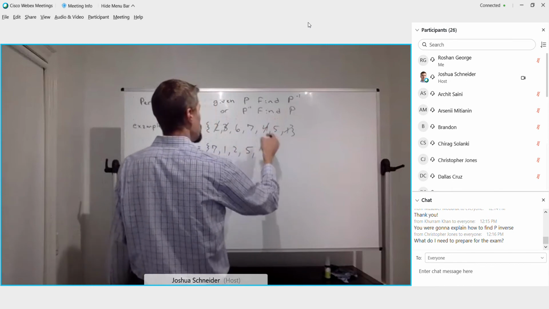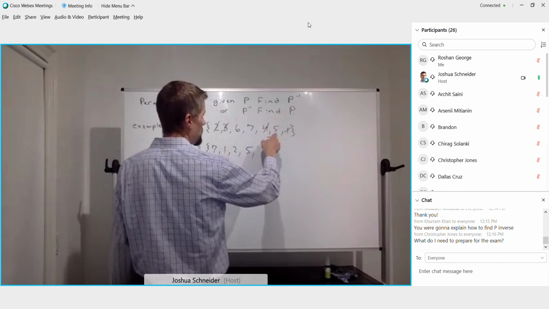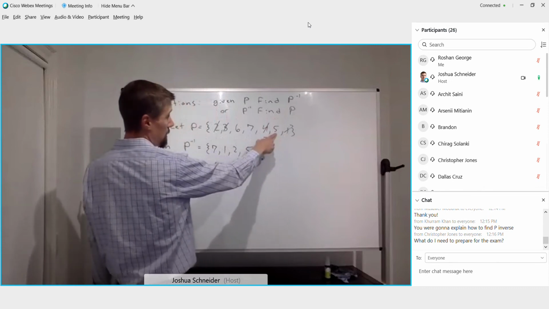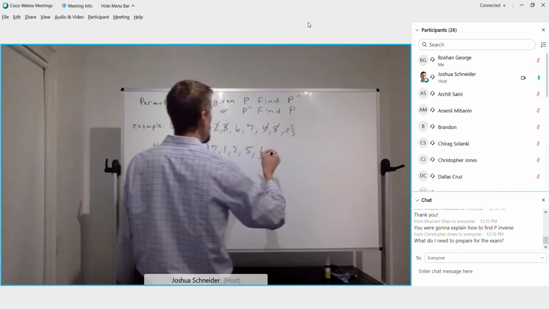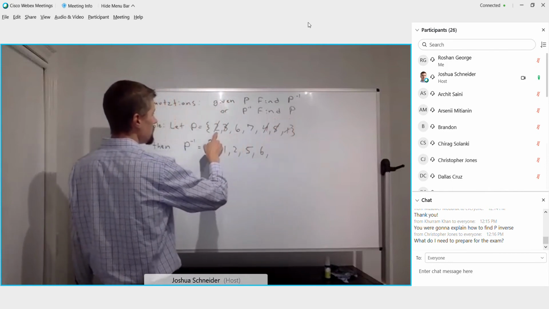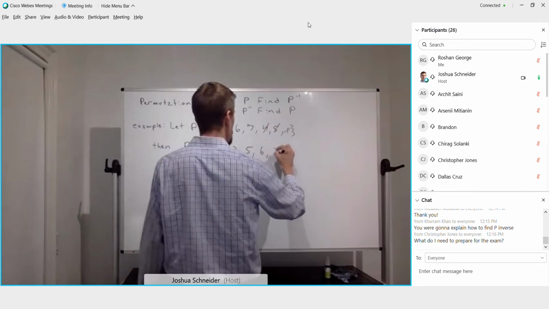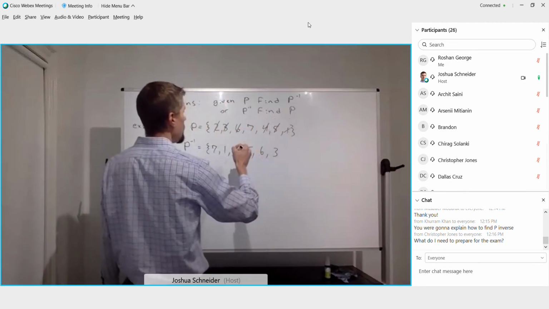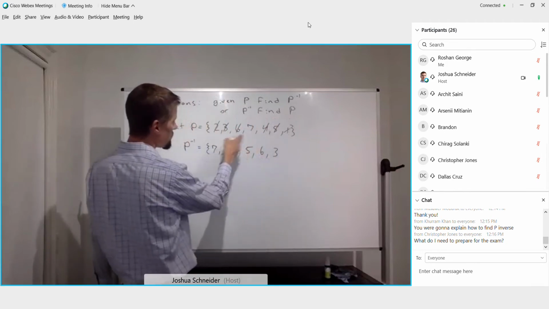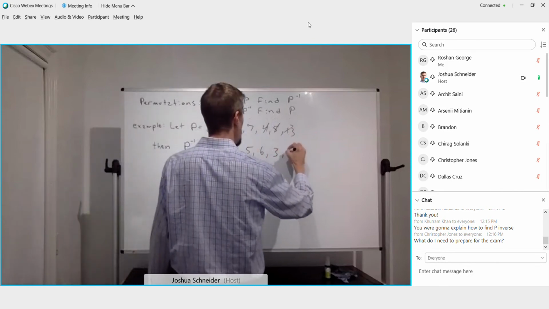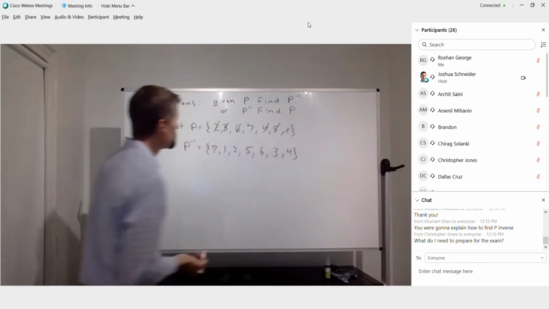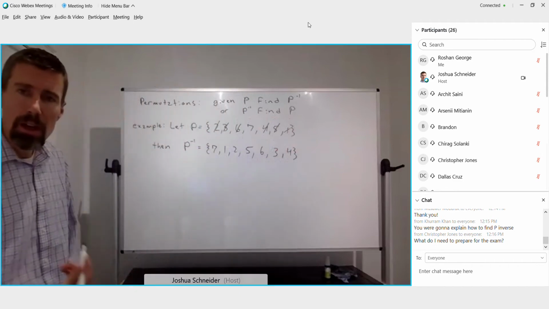Then we look for the element that was originally in the 5th one, and that's in position number 6. So there's 6. And now we look for 6, which is in the 3rd position. Now we look for 7th, which is in the 1, 2, 3, 4th position. There we go. Okay, so that's the idea.